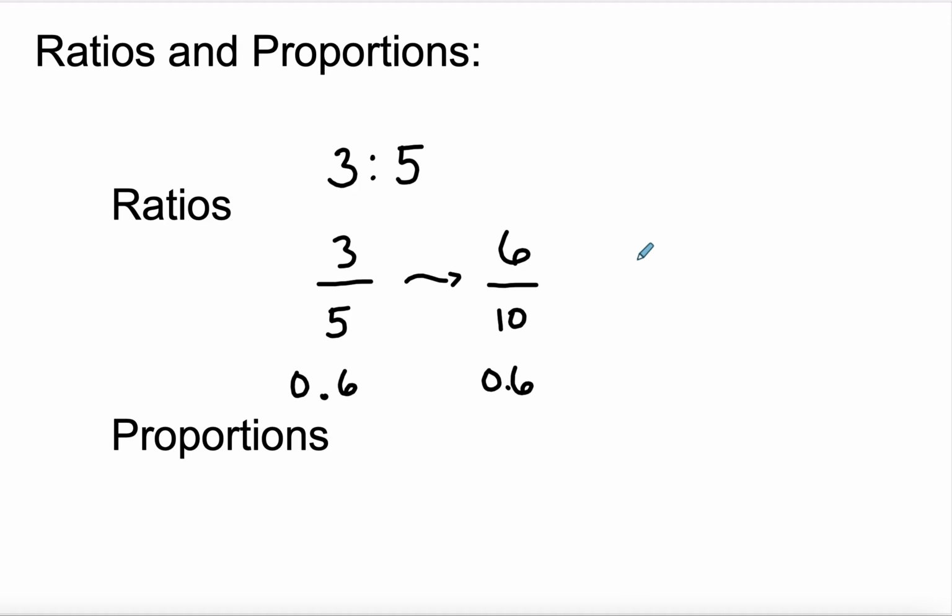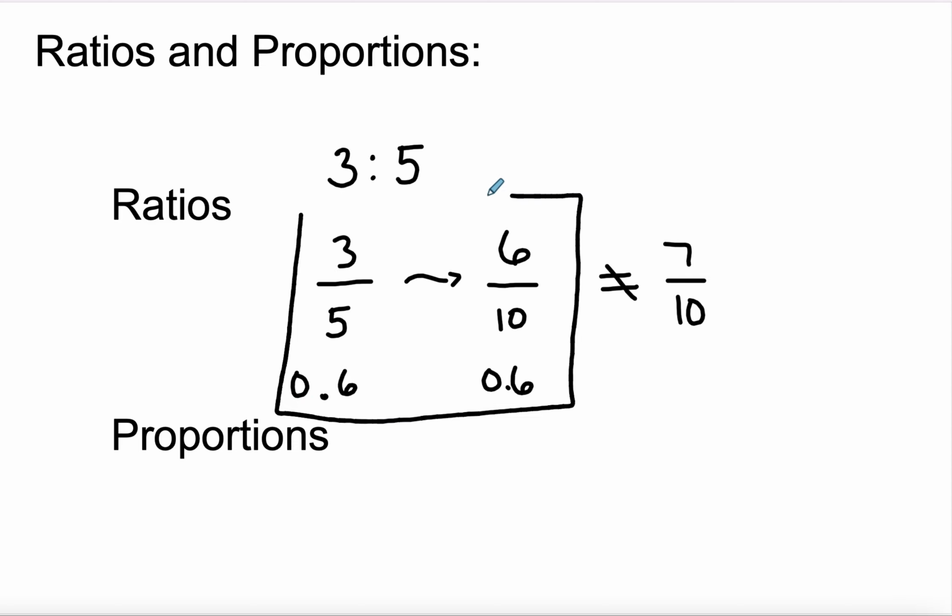This is not the same as 7 to 10. That is not the same, but the value of these first two ratios is the same, even though the quantity has changed. And you could see that the value of ratios is scalable.